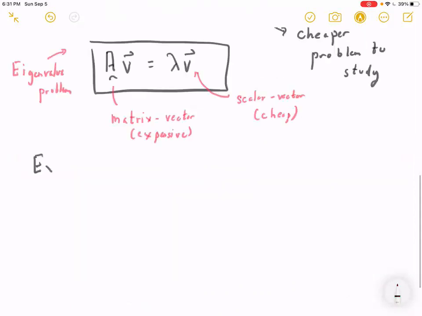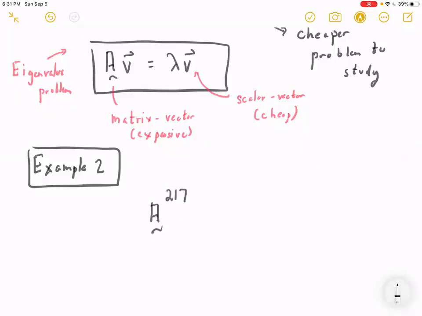Let me go through a second example, and you'll have ample opportunity to explore this further in the problem set. Suppose you have a problem where you have a matrix A and you need to multiply it by itself 217 times. You need to raise it to the 217th power. Well, I know how to do that. I just have to keep multiplying this matrix by itself. And again, this is a very expensive calculation to do.